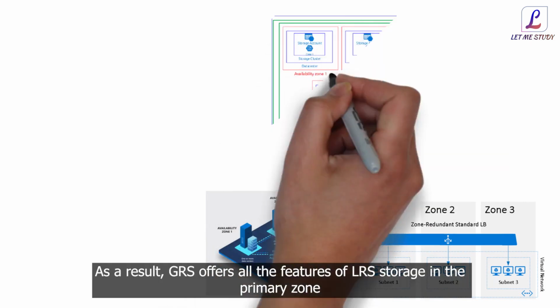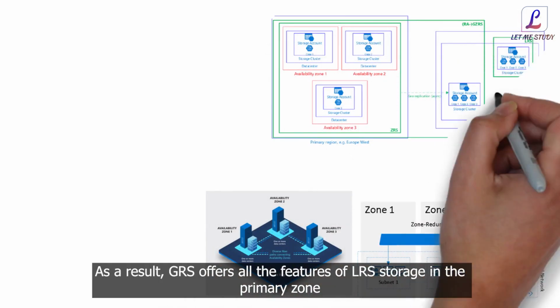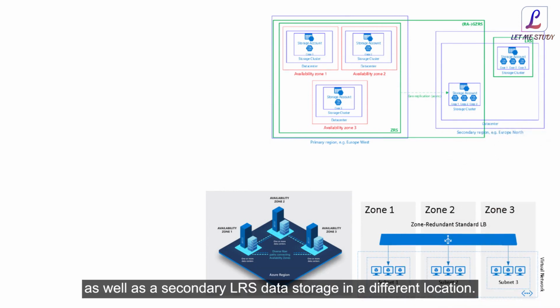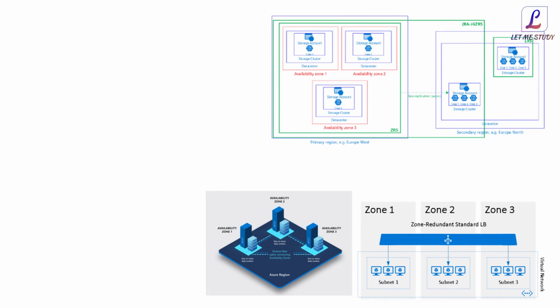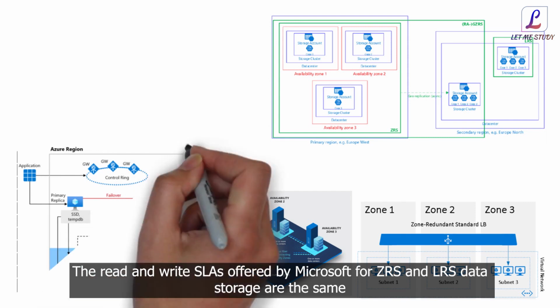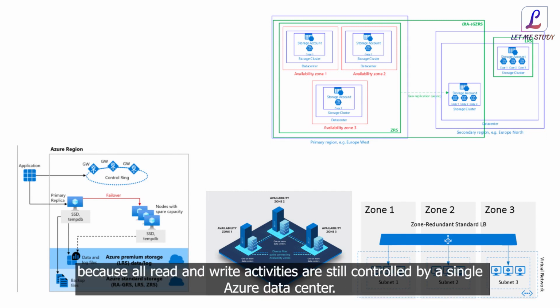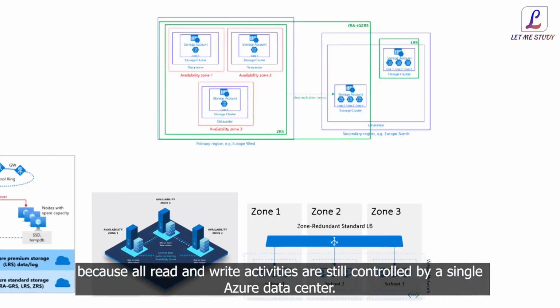As a result, GRS offers all the features of LRS storage in the primary zone as well as secondary LRS data storage in a different location. The read and write SLAs offered by Microsoft for ZRS and LRS data storage are the same because all read and write activities are still controlled by a single Azure data center.